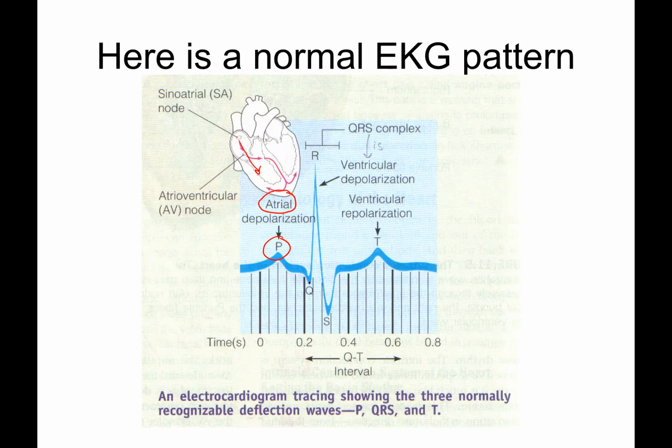Then the QRS complex is where the ventricles are now squeezing, or contracting. Now keep in mind, this next thing I'm going to say is always opposite. If the atria are contracting, the ventricles are relaxing.